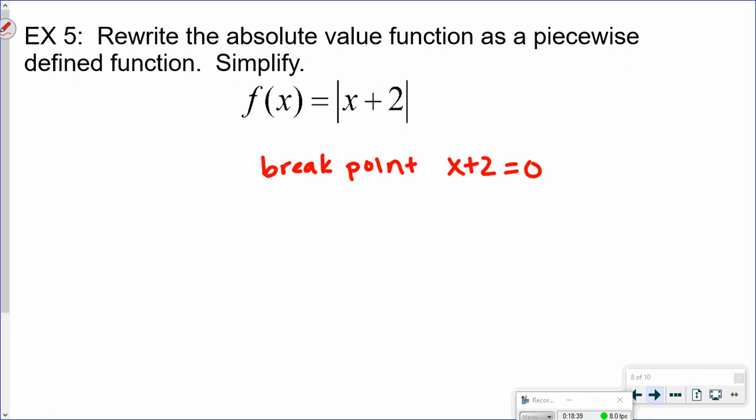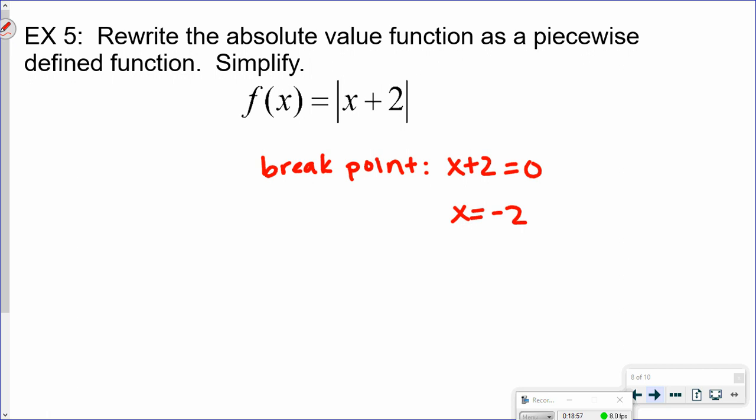So if I subtract 2, I get x is equal to negative 2. My breakpoint is negative 2.